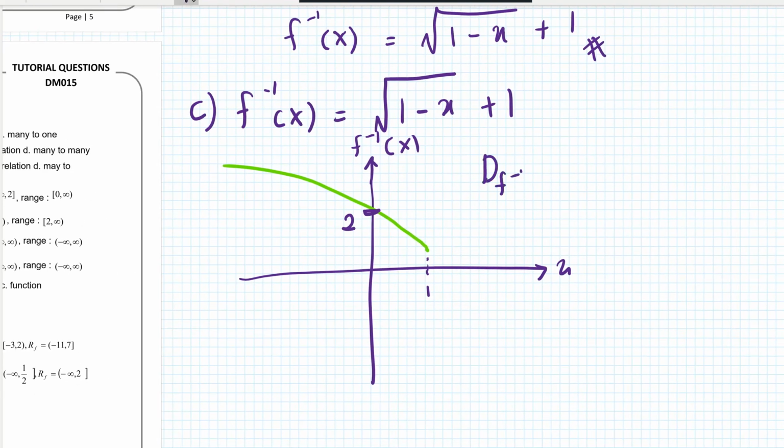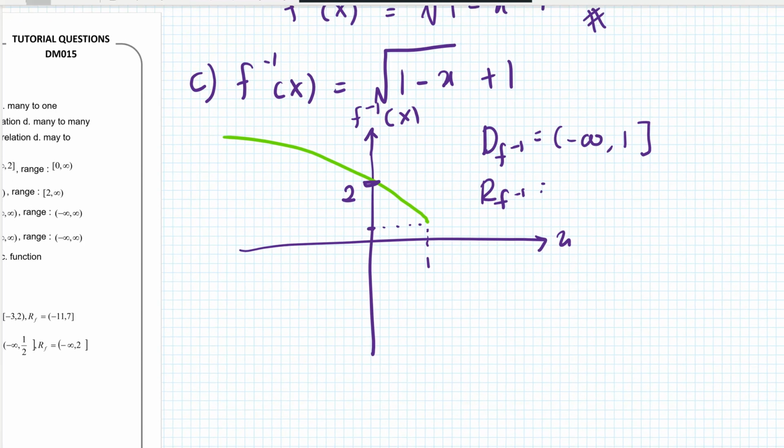From the graph we can find the domain and the range. The domain: we go from the left to the right, so we have negative infinity until 1. And our range, we need to find this part.